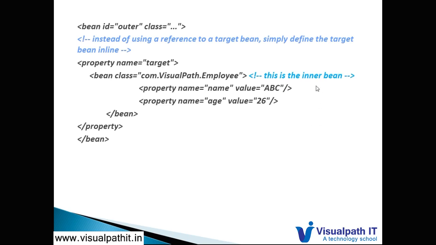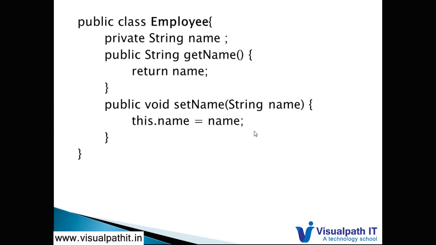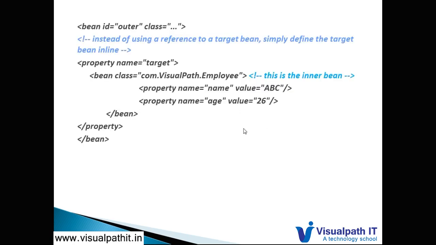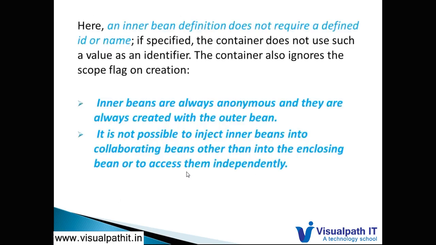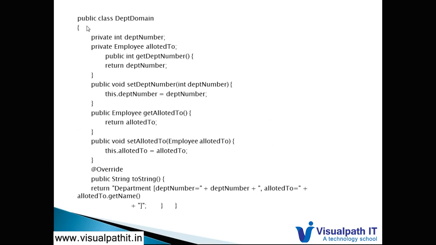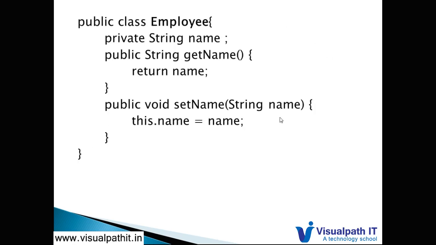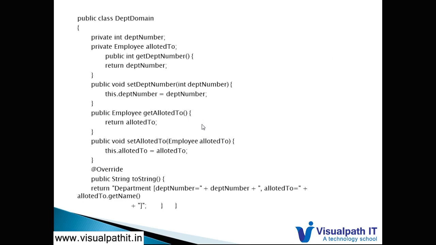The inner bean can also have separate properties for itself, like name, age, or whatever it is. Employee, name and age. This is a simple POJO getting and setting the name of this particular employee. This is the department domain, where the employee class is a POJO with get name and set name.